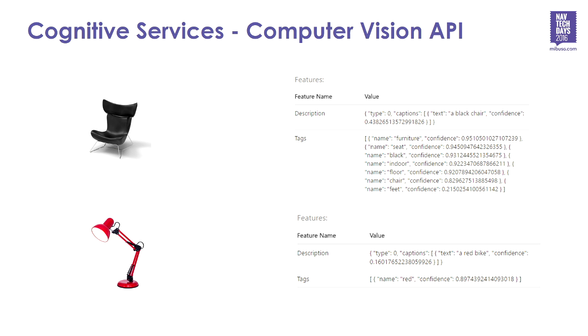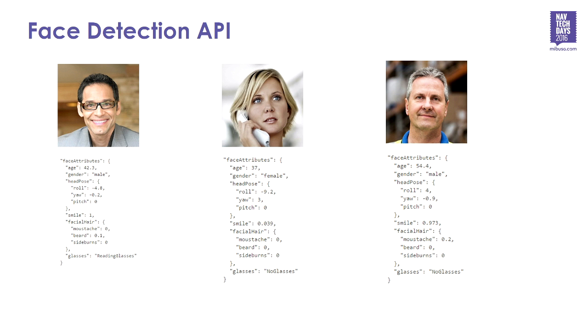APIs like these could be used in a number of different ways. Here's another example where I ran some of the images of contacts that we have through the face detection API. There's both an API where you can detect who is on the face, which you could use for authentication, for example. But there's also an API where you can detect properties of faces, which you could use for other things.